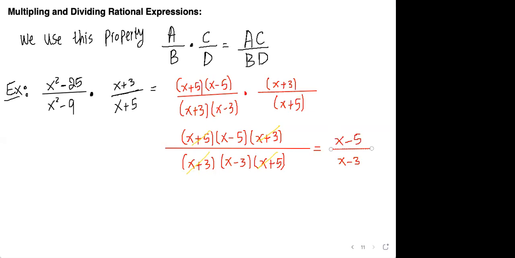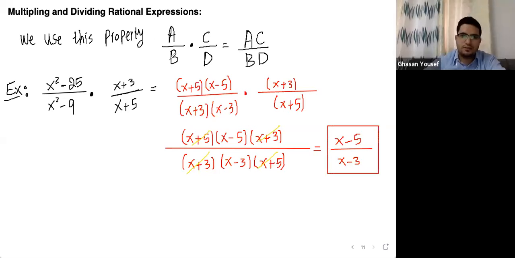This is the final answer. So the best way is to factor the numerator and the denominator, then multiply, then cancel the common factors. So the answer is x minus 5 over x minus 3.